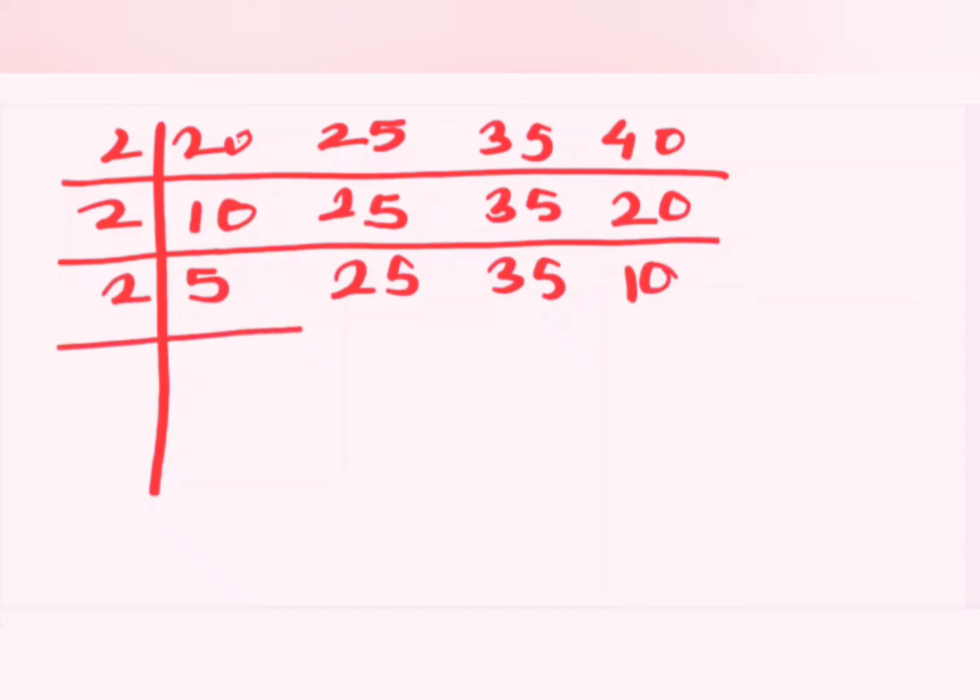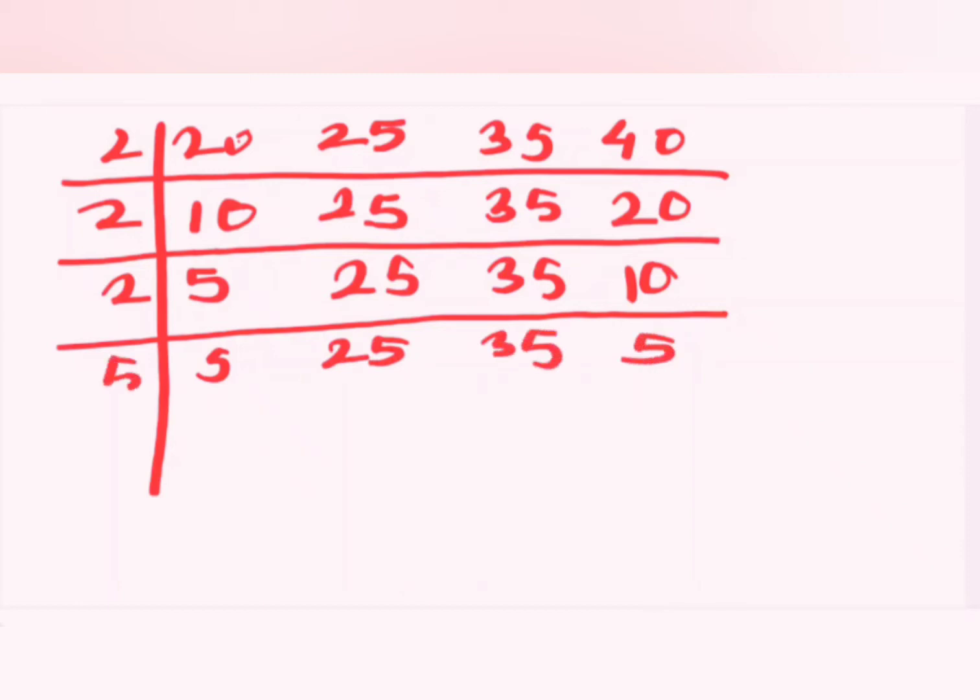Now again 2, 5 as it is, 25 as it is, 35 as it is, 2 fives are 10. Now 5: 5 ones are 5, 5 fives are 25, 5 sevens are 35, 5 ones are 5.